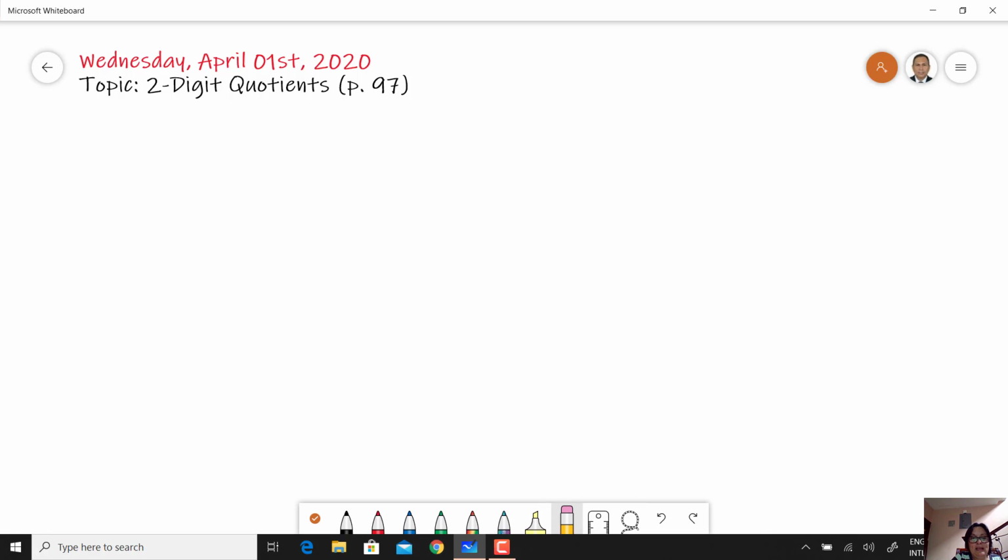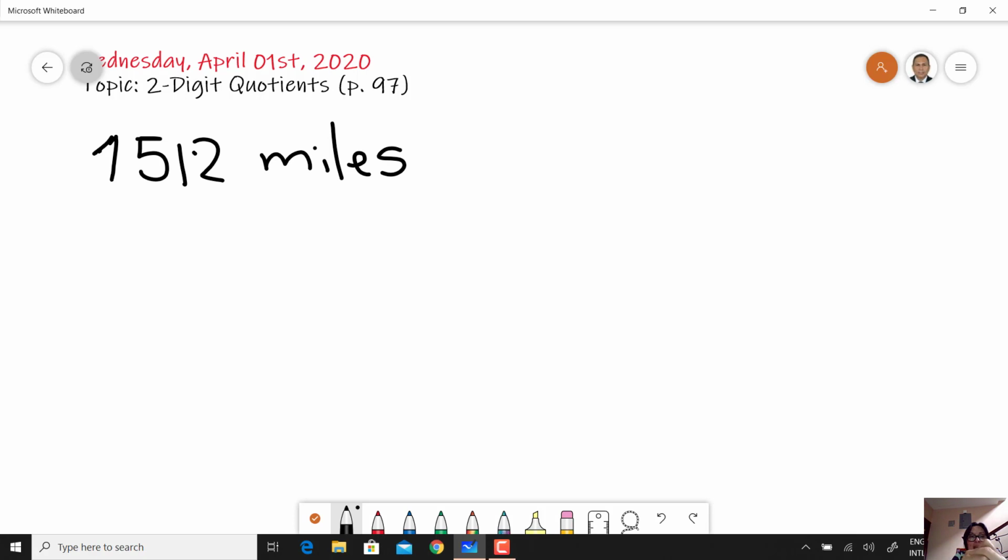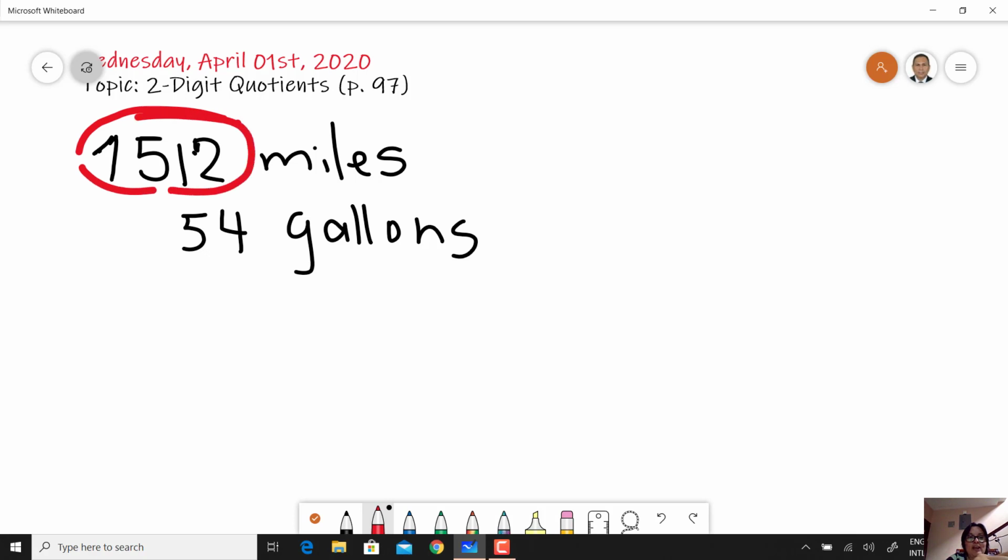The family was driving 1,512 miles in total, okay? And they used how many gallons? 54 gallons of gasoline, okay? So in all these miles, the amount of gasoline that they used was this one.